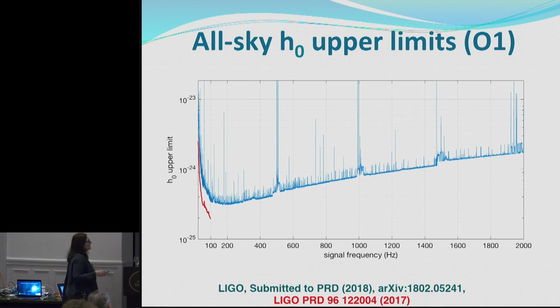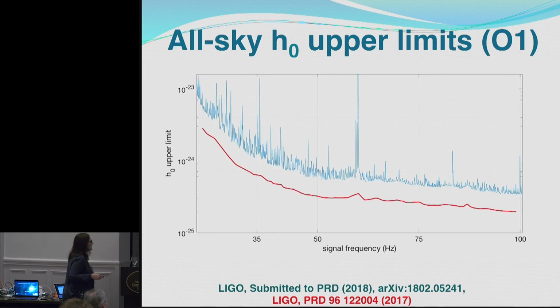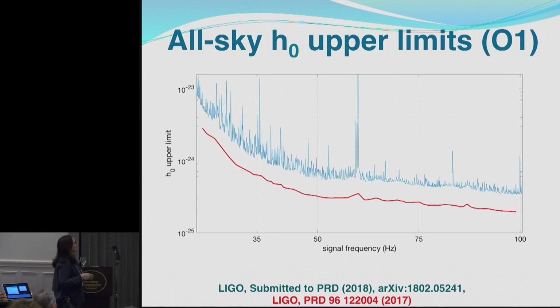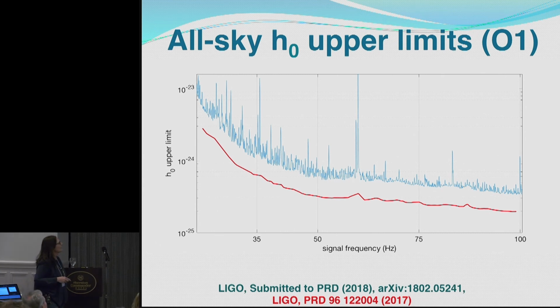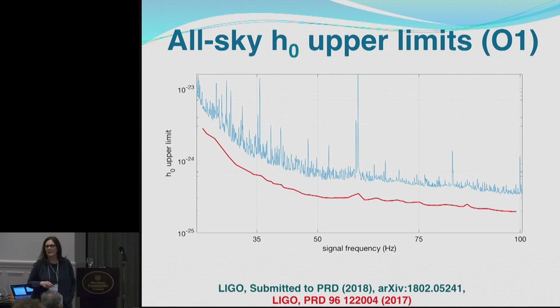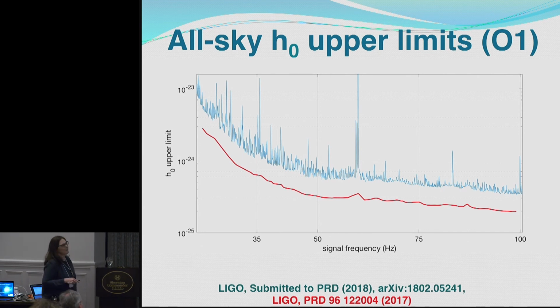And here you see the results from a broad, fast turnaround search. And here, this was a very deep search done on Einstein at Home. And here's a zoom, targeting low-frequency objects. And you can see that this improves with respect to the fast turnaround search, which wasn't that fast turnaround, actually, by about a factor of 2.